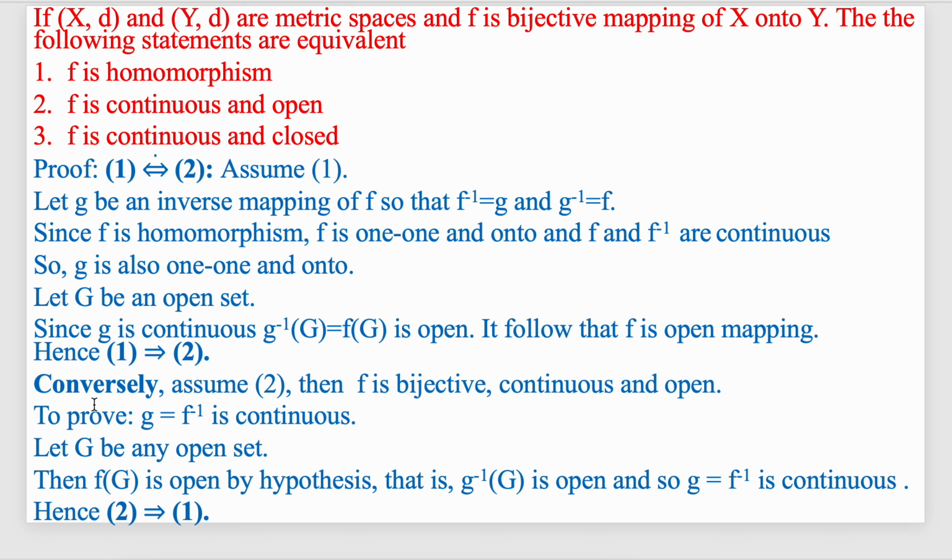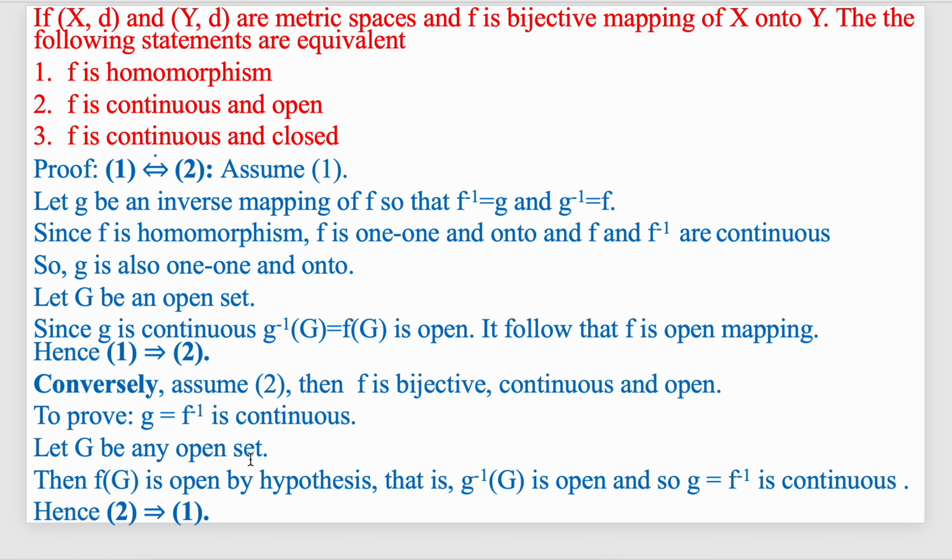For the converse part, assume 2. F is continuous and open, then f is a homeomorphism. So it is given to us that f is bijective, also continuous and open. Now we have to prove that g equal to f inverse is continuous, because all other properties of a homeomorphism are already satisfied.